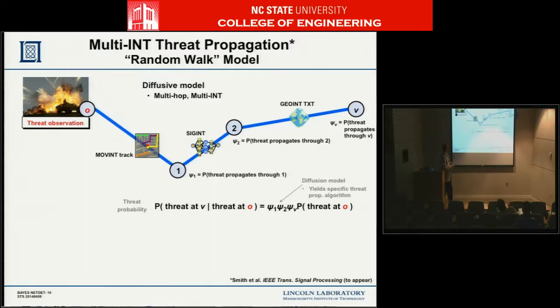And if there's still one path between my observation and my vertex, but you've got multiple hops, this hop, this hop, this hop, possibly with different kinds of pieces of information, then it's still simple. You just string these things together and you multiply the probability of threat moving along each one of these legs. So that's simple.